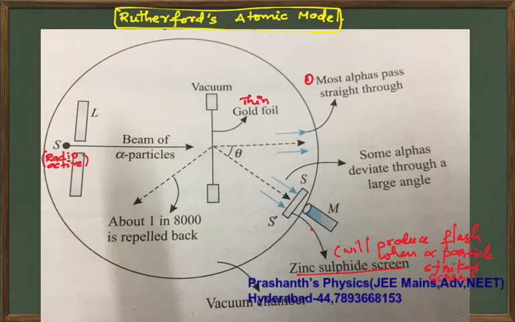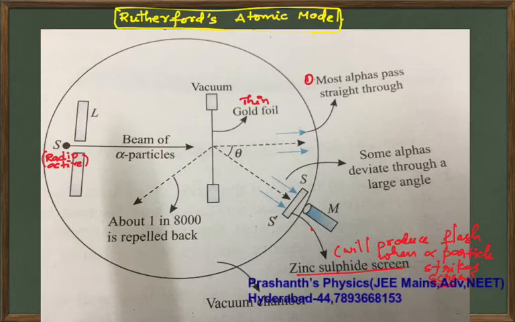Through a microscope you can observe it, and the flash indicates that some alpha particle is striking. So he kept moving this zinc sulfide screen to different positions.